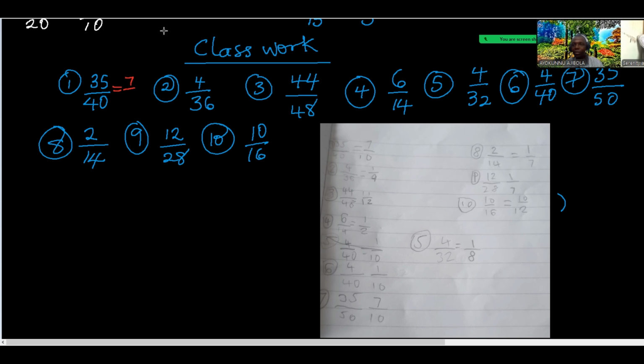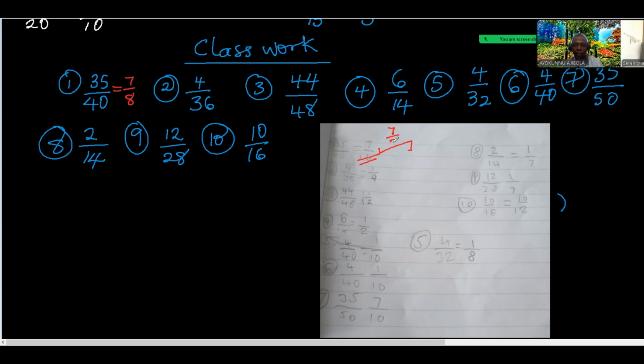So it's not going to be 7/10, but it's going to be 7/8. Okay, that is going to be 7/8.